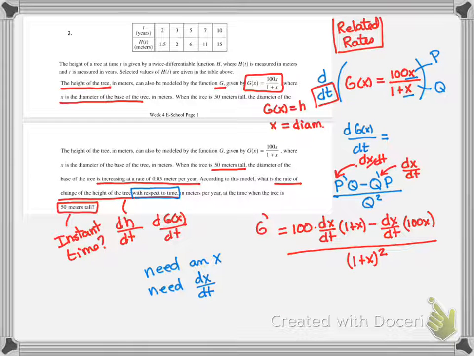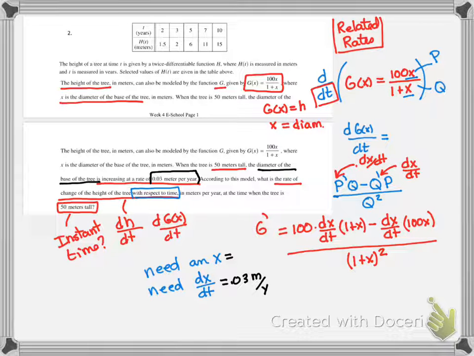So if I'm going to find this derivative, I'm going to need an x and I'm going to need a dx/dt. Well, they told us the diameter of the base is increasing at a rate of 0.03 meters per year. That looks a lot like that dx/dt I'm looking for in meters per year.